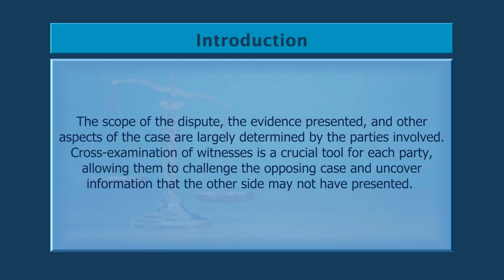The scope of the dispute, the evidence presented and other aspects of the case are largely determined by the parties involved. Cross-examination of witnesses is a crucial tool for each party, allowing them to challenge the opposing case and uncover information that the other side may not have presented.